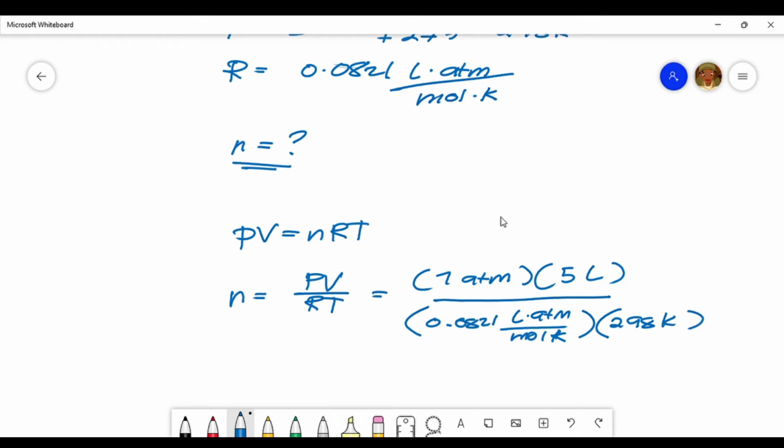We cancel the common units, and we have L here. This one is not the final answer, but it's for the moles. So we have 0.0204 mole of O2.